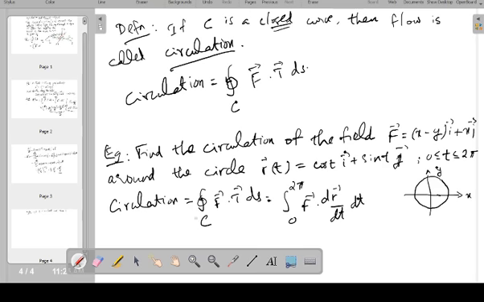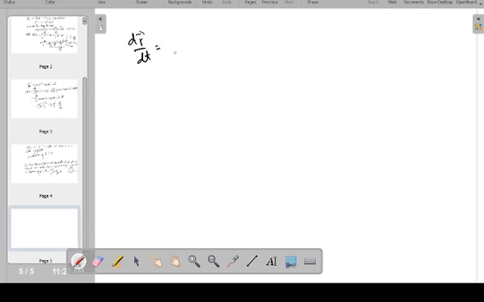Okay. So let us find dr by dt. Dr by dt equal to, what is r? Cos t i plus sin t j. So dr by dt is minus sin t vector i plus cos t vector j.